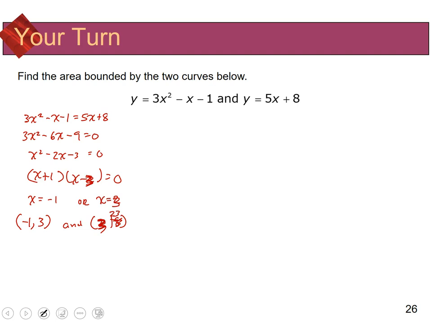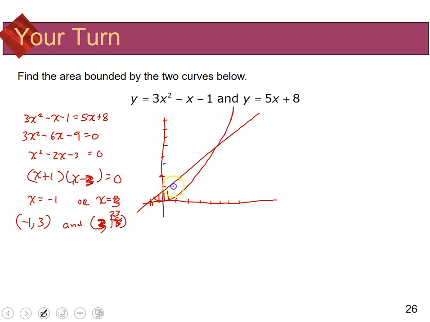So when I graph this thing, it's going to look something along the lines of this. I'm not drawing this to scale necessarily. The lines over here, and I would have part of it over here, part of it over here.